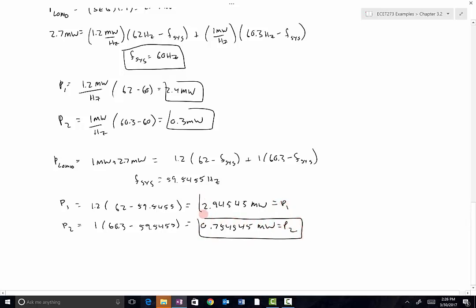So most of that uptick in generation, we can see what the changes were. Went up by 0.5 here and 0.45 here.